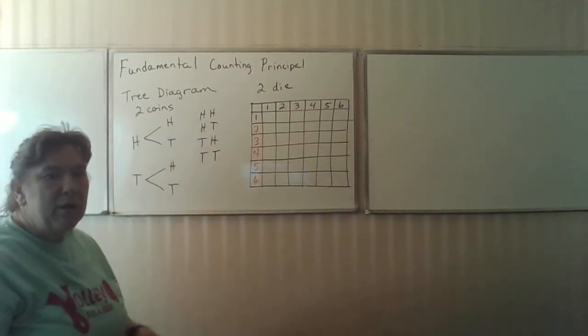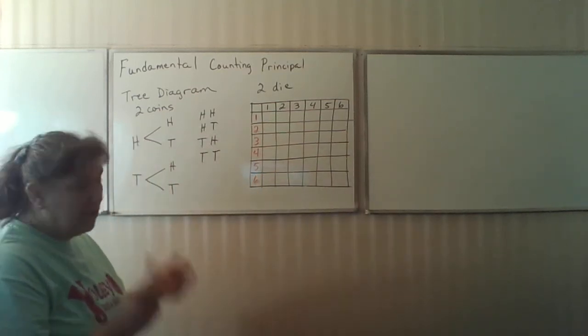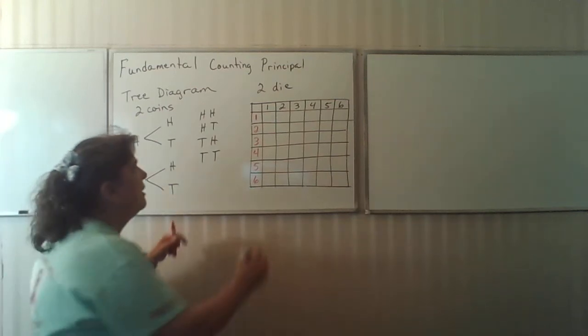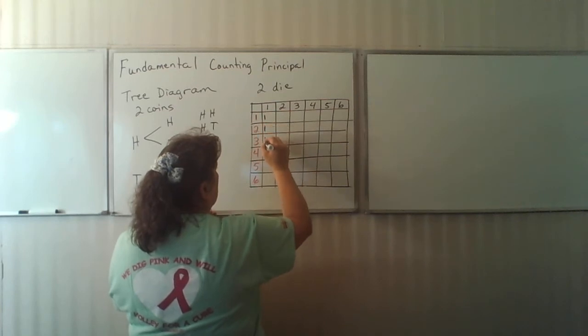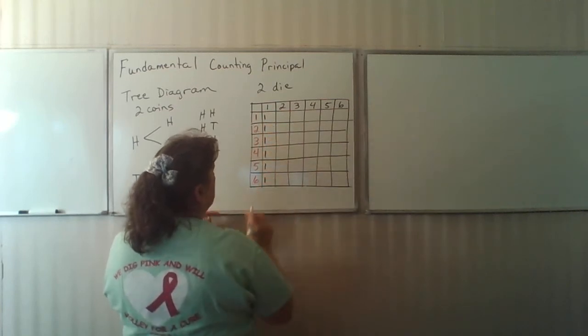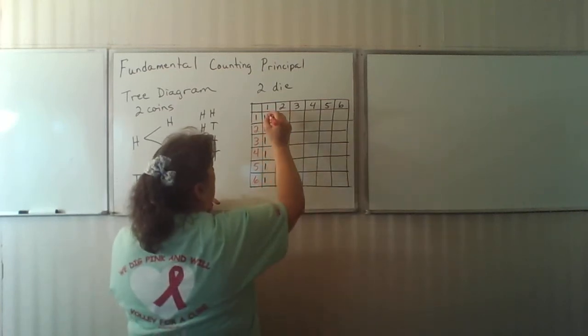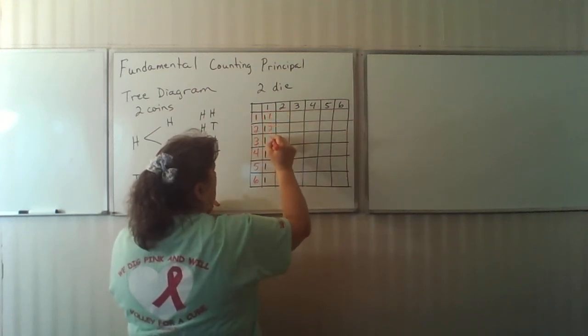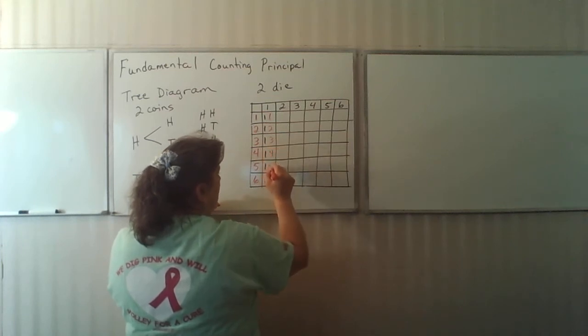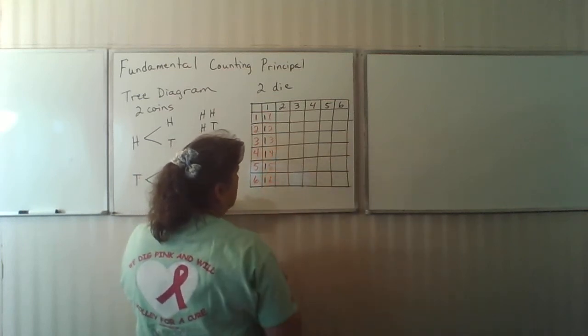Now, if I'm going to actually have those 2 thrown, this one would be a 1, 1. Sorry, I put the wrong one down: a 1, 1, a 1, 2, a 1, 3, a 1, 4, a 1, 5, and a 1, 6.